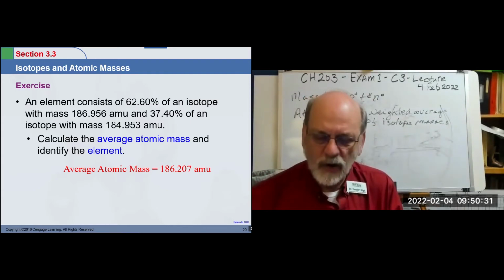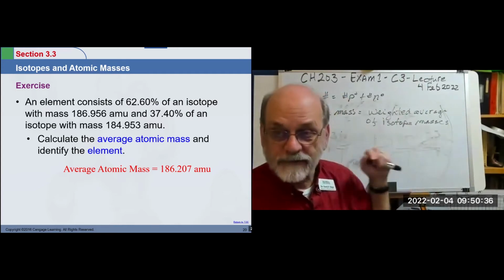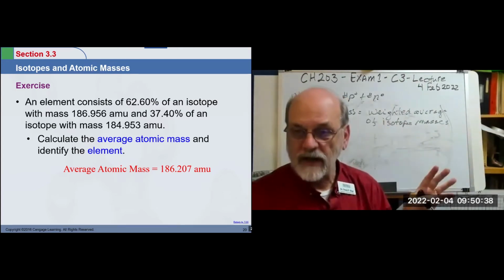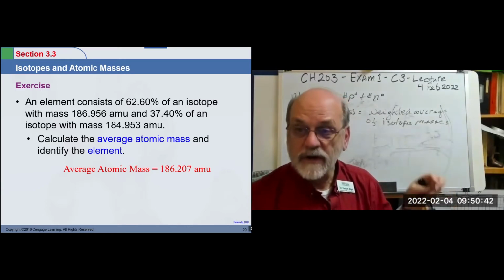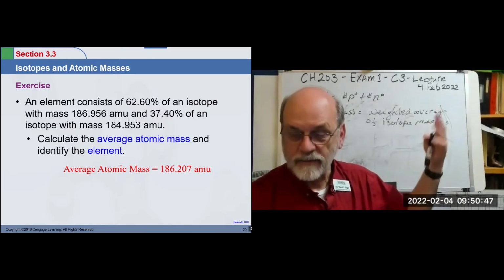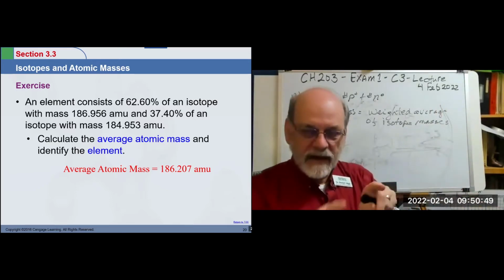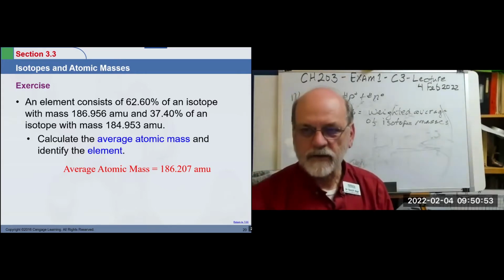I mentioned it a little earlier. The periodic table is organized top to bottom, left to right, increasing atomic number. The fact of the matter is that it also is increasing atomic mass, top to bottom, left to right. Now, there are a couple of places where you get atomic masses switched, right? So it's not perfect.